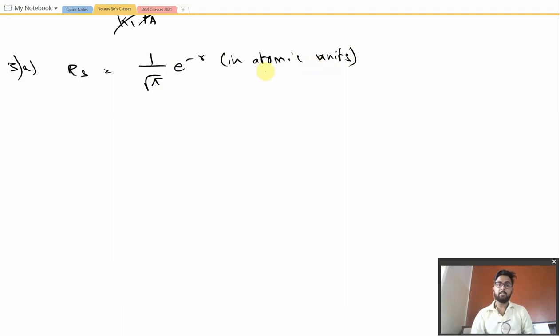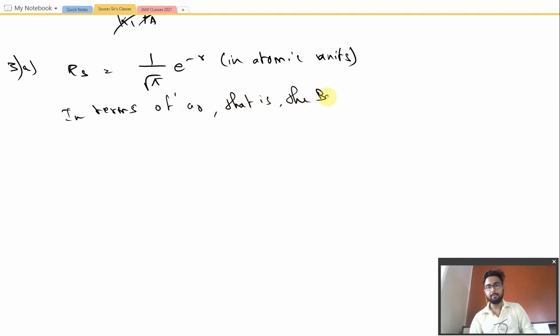We have to calculate the most probable distance of the electron from the nucleus in the ground state, obviously in terms of a naught, that is the Bohr's radius in angstrom.